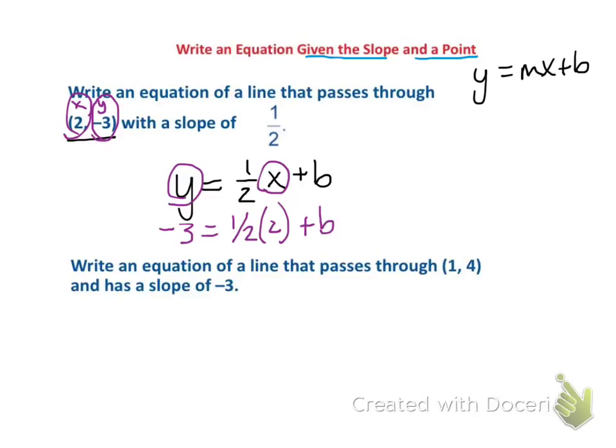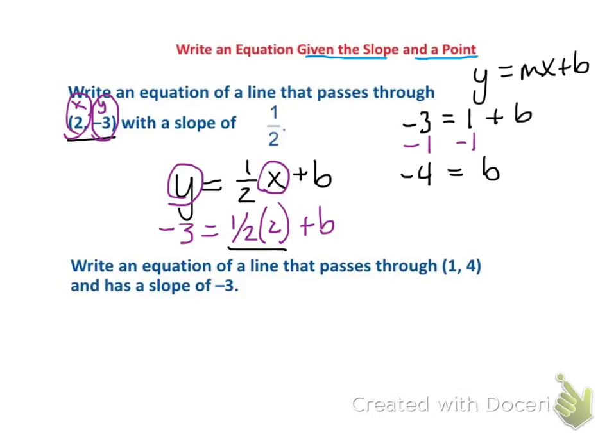Now, in order to find out what b is, all we have to do is solve for b. So I'm solving the equation. -3 equals, what's 1/2 times 2? It's 1, plus b. Then I need to get that b alone, so I subtract 1 from both sides. I'm left with -4 equals b.